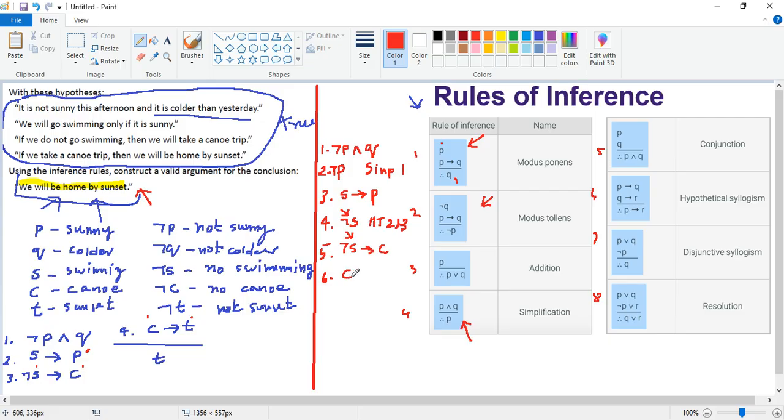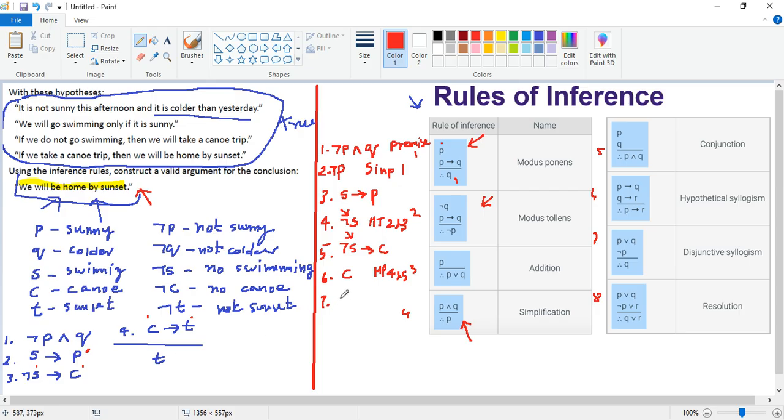And for all these given statements, you can just write given or premise. Like here you can write premise. Now for the conclusion C, the reason is we are using modus ponens again: modus ponens using 4 and 5, then 7.